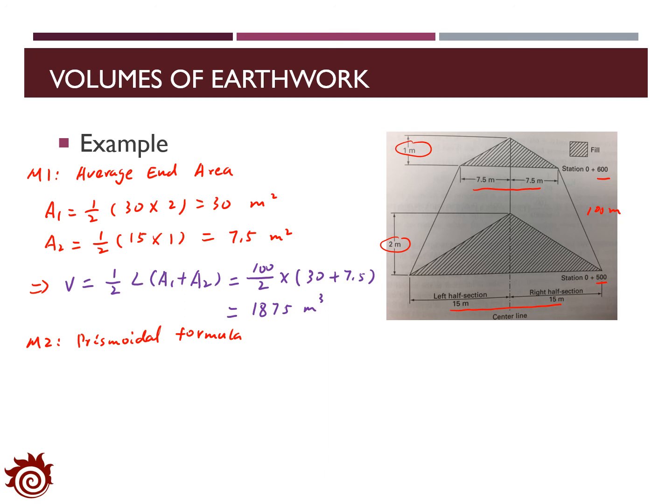In this example, the base at the midpoint is half of 30 plus 15, that is 22.5 meters, and the height in the middle point is half of 2 plus 1, that is 1.5 meters.